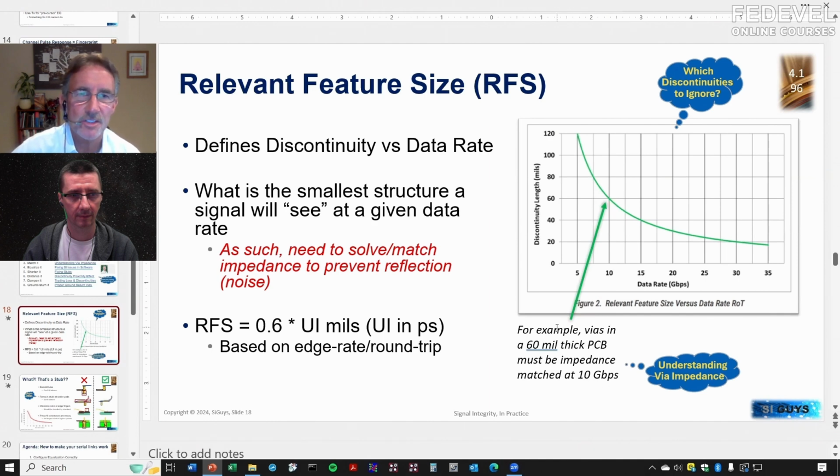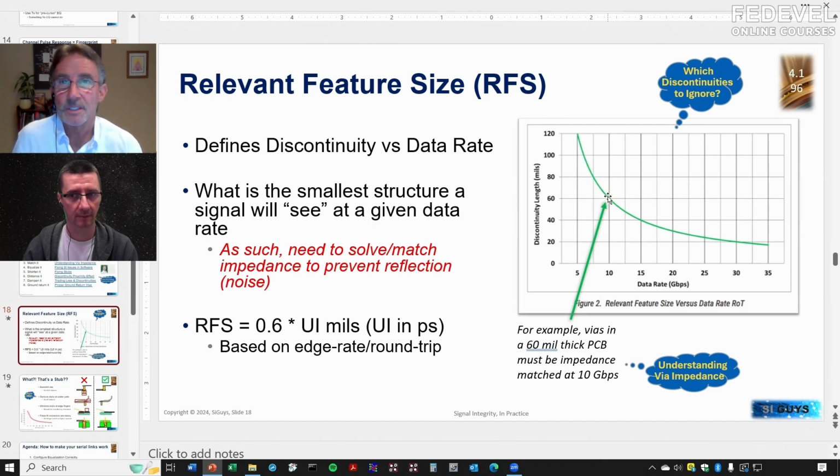But this is an interesting little point, and I give all the math in those articles. Basically, we're just getting something that's a tenth of the period, or the unit interval. But now your average PCB is going to be 62 mils thick, right? And so at 10 gigabits per second, all of a sudden the via pops up.